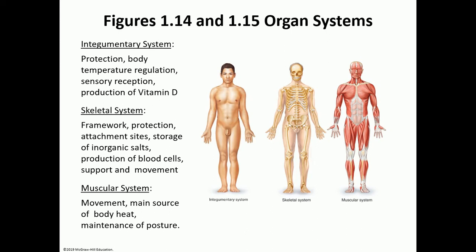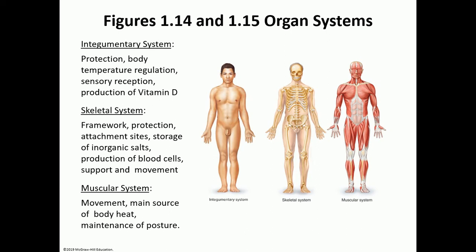Bones are also important for the protection of the inner organs. So, for example, the skull protects the brain. The thoracic cage protects the heart and the lungs. One important function of your skeletal system that you don't want to forget would be the production of blood cells. So inside bones, we have what is known as the red bone marrow. Red bone marrow is responsible for the production of blood cells.